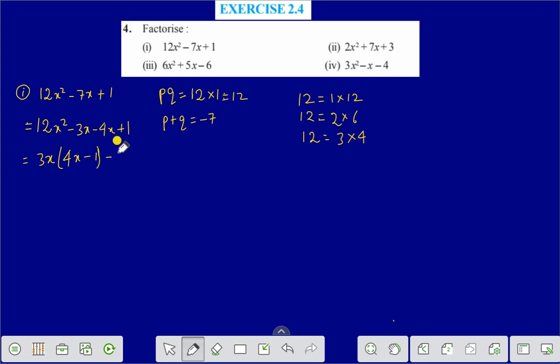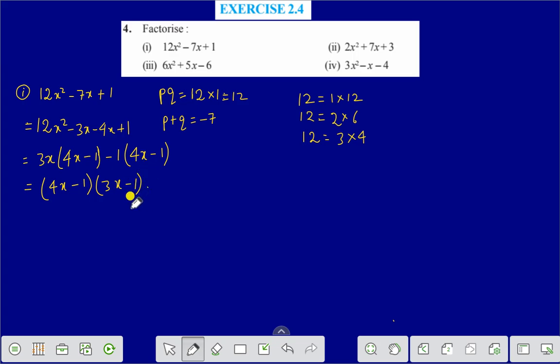If we take minus 1 as common, then 4x minus 1, since minus into minus is plus 1. Now we take 4x minus 1 as common. Then 4x minus 1 into 3x minus 1.